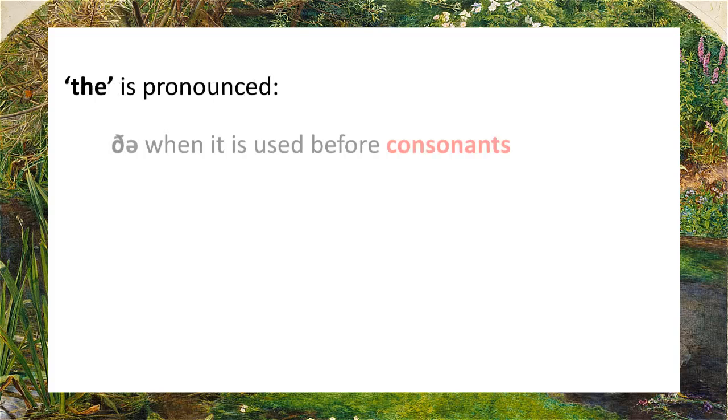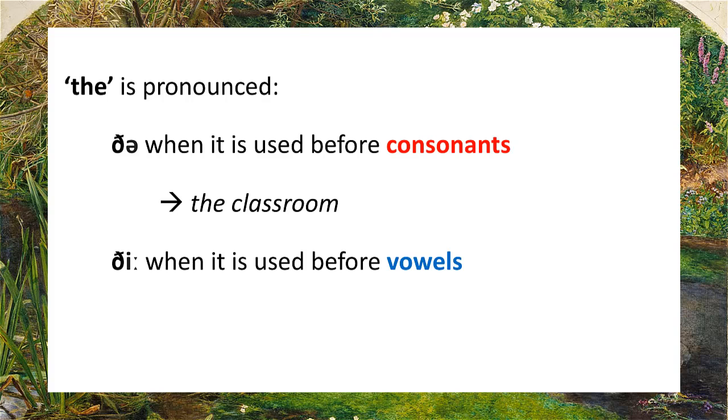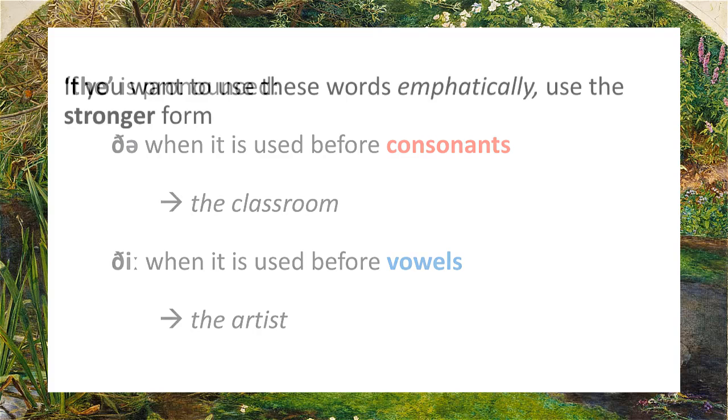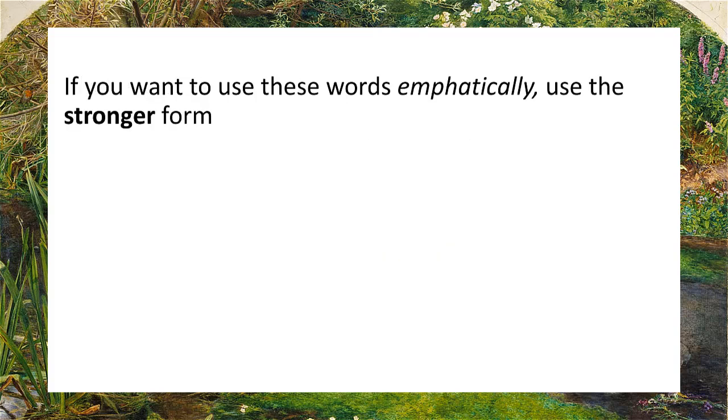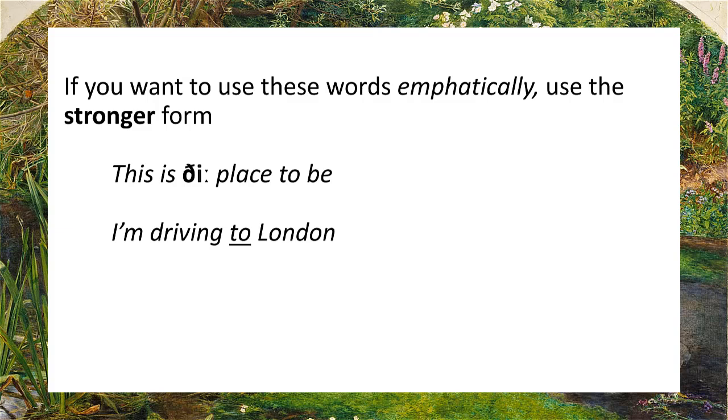The, meanwhile, is pronounced 'thuh' when it's used before consonants, as in the classroom, and 'thee' when it's used before vowels, for example, the artist. If you want to use these words emphatically, use the stronger form. This is the place to be. I'm driving to London.